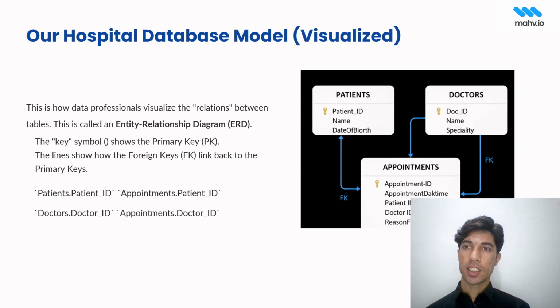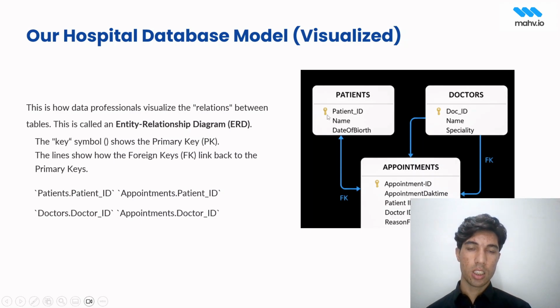So the next thing is designing a database model. To design a database model, we use an entity relationship diagram, as shown in this picture. You can see this is a very simple entity relationship diagram for a relational database. What it does is basically show us how these different tables are linked together and what the relationships are. There are a couple of things that are important to understand in an ERD, in entity relationship diagrams.